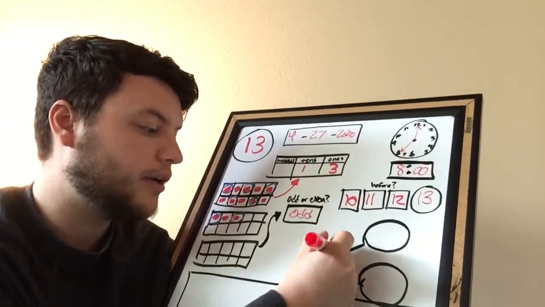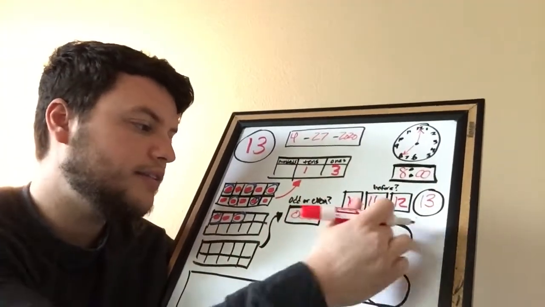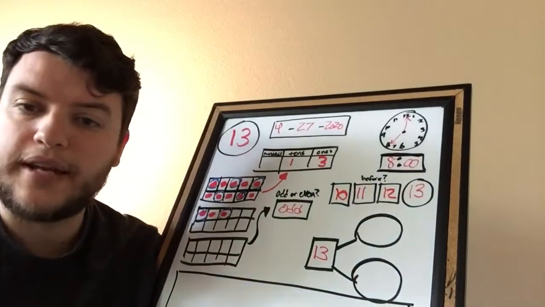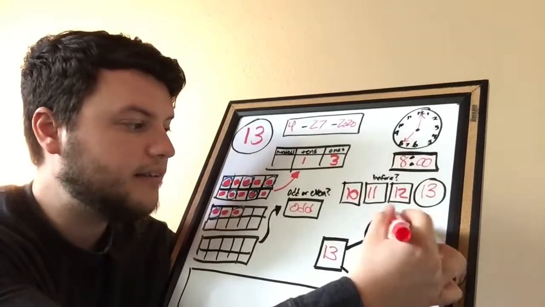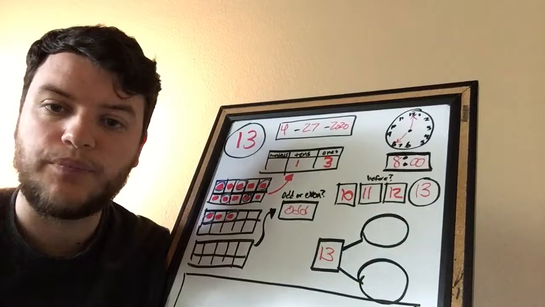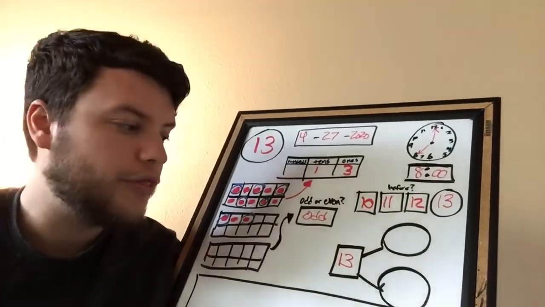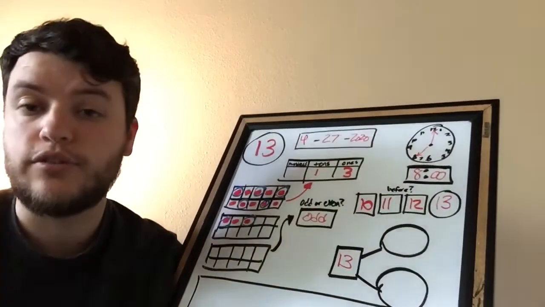We put our number in the box, in the square, and then these two bonds coming off of that number mean that this is a number and this is a number that we put together to get us to 13. The cool thing about number bonds, the bigger the number, the more combinations you can do.